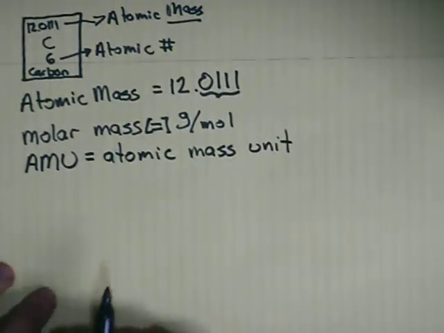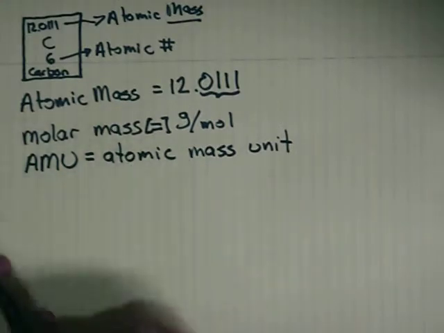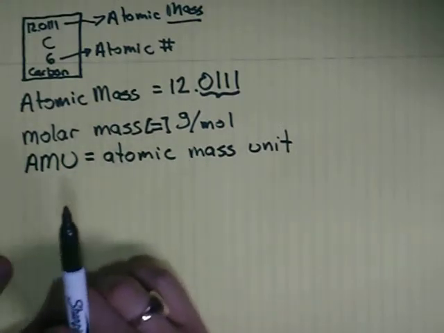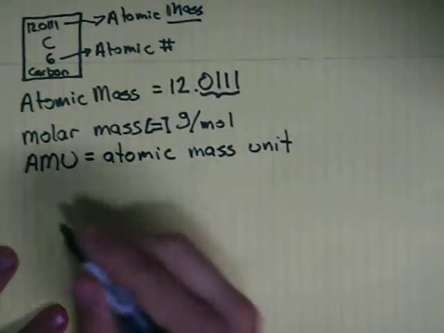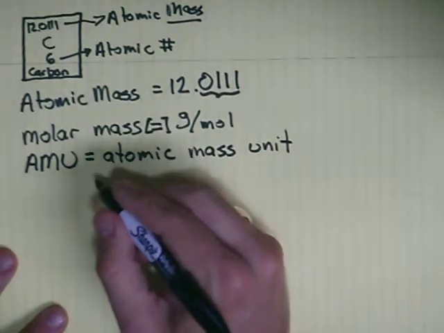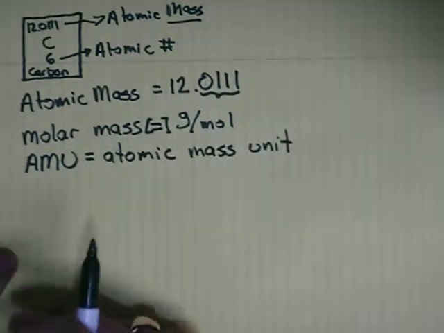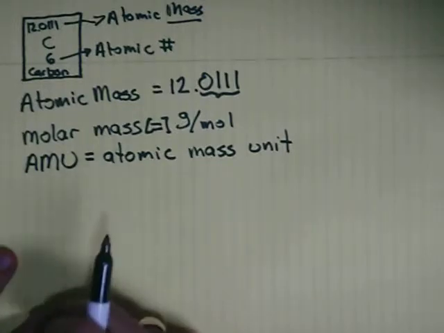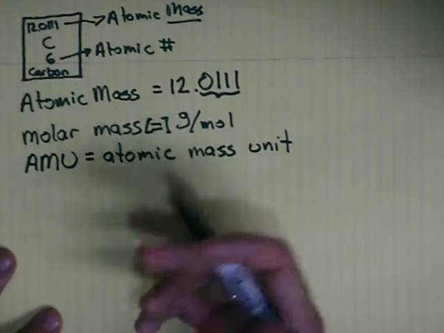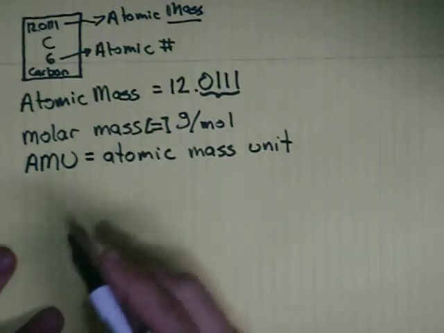And the way that we think about this construct is that the atomic mass unit is the mass of 1 proton, which is essentially the same as the mass of 1 neutron. Neutrons are a tiny, tiny bit higher, but for all intents and purposes, protons and neutrons pretty much have the same mass.